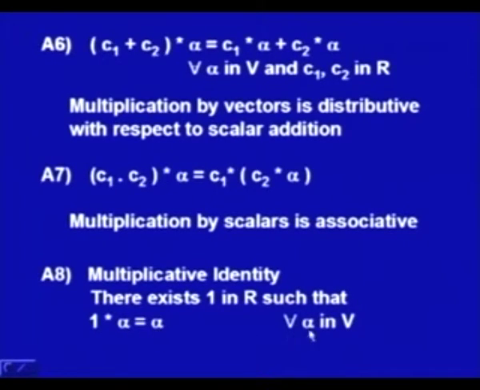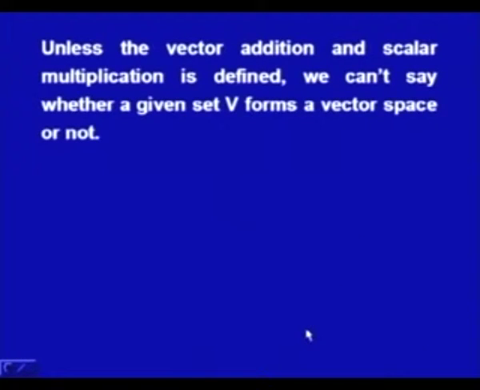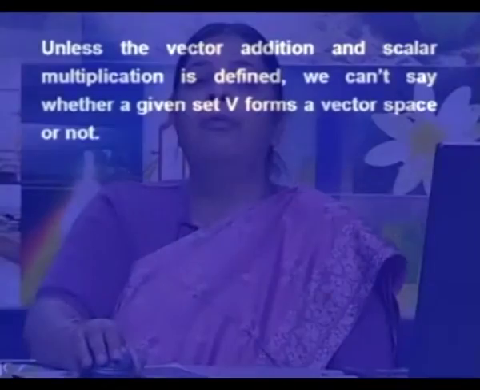So, this property has to be there, and when all these properties from A1 to A8 are satisfied, then we say that we have a vector space. Now, unless the vector addition and scalar multiplication are defined, we can't say whether a given set V forms a vector space or not. That means, to define a vector space, we have to have a set V of vectors and two operations, the vector addition and scalar multiplication.